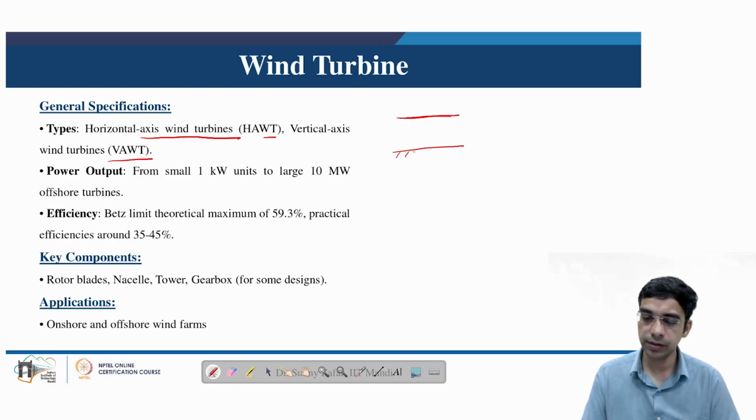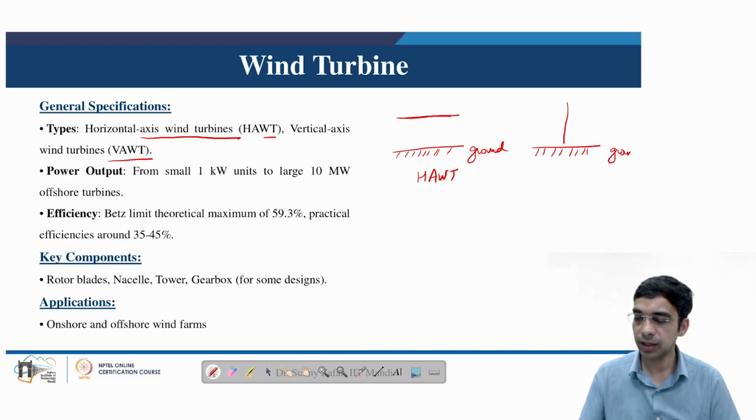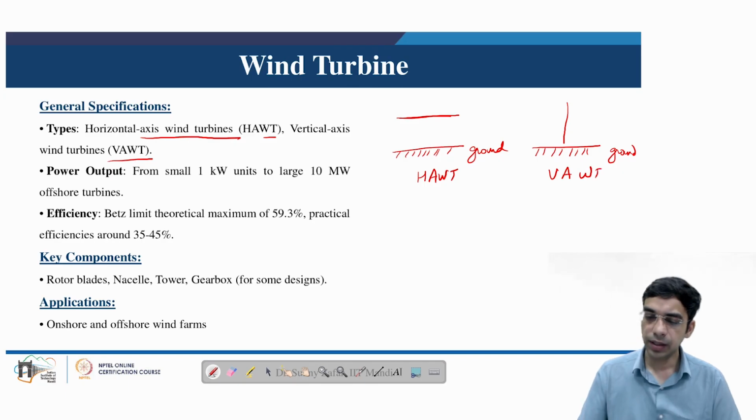So if this is the ground here, and this is the blade axis of the turbine blade, so this is parallel, so this becomes the horizontal axis wind turbine. And in many cases the wind turbine axis may be perpendicular to the ground, so this will become the vertical axis wind turbine.